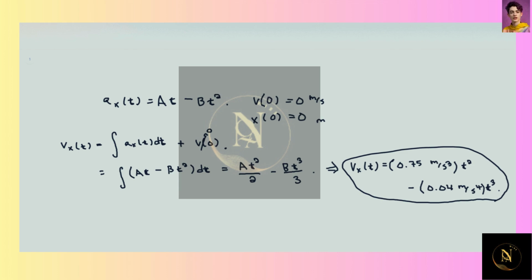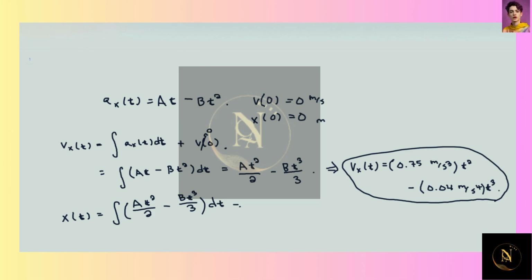To get just x of t, we integrate Vx of t. So I'm going to integrate a t squared over 2 minus b t cubed over 3. I would have these extra terms over here, but they're both 0, so those will yield nothing.